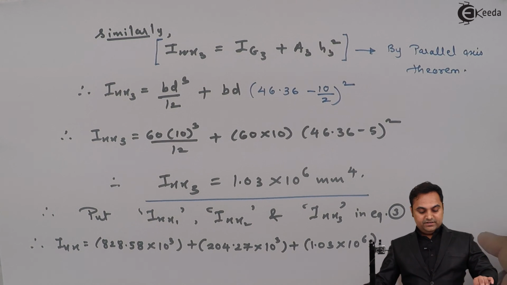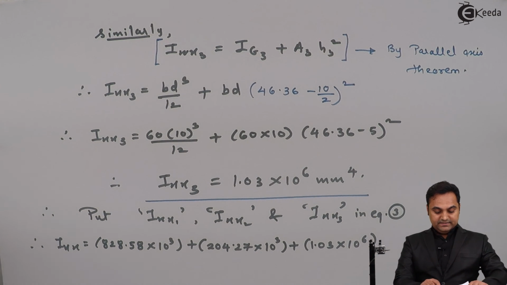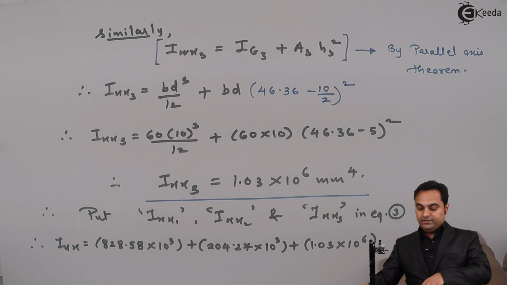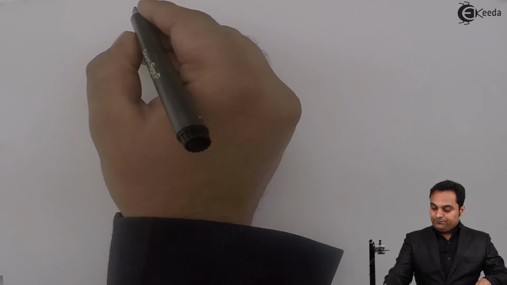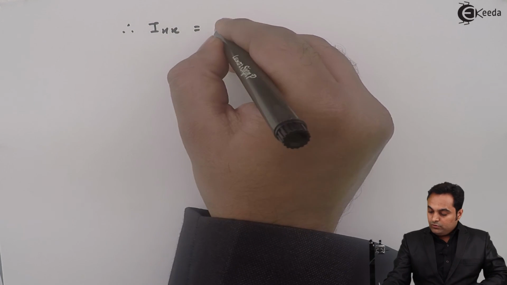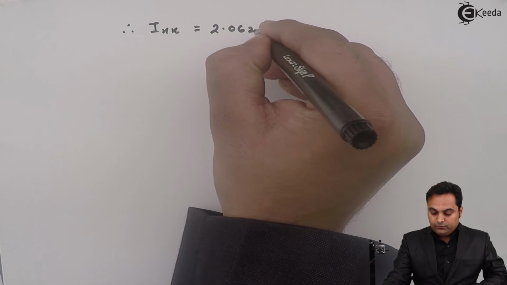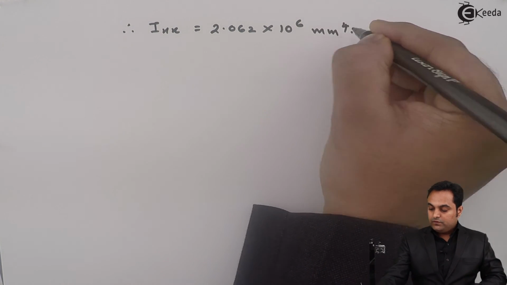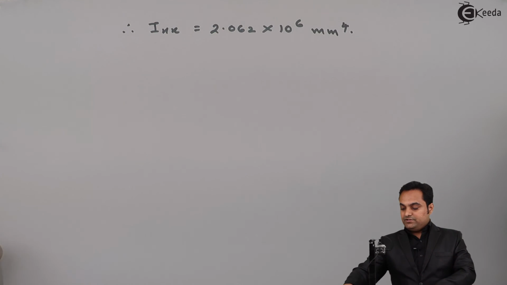Now adding these three values gives me Ixx and my answer is 2.062. I'll write it onto the next page. Therefore Ixx is equal to 2.062 into 10 raised to 6 mm raised to 4. So this is our first answer.